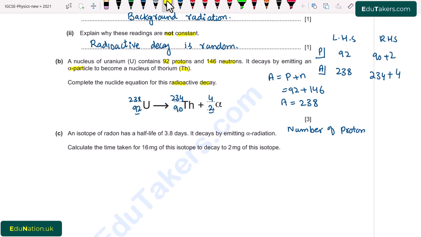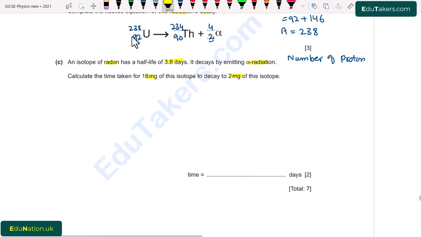Part C. An isotope of radon has a half-life of 3.8 days. It decays by emitting alpha radiation. Calculate the time taken for 16 mg of this isotope to decay to 2 mg of the isotope. So here we are given that the half-life is 3.8 days and this radon gas decays by emitting alpha particles.